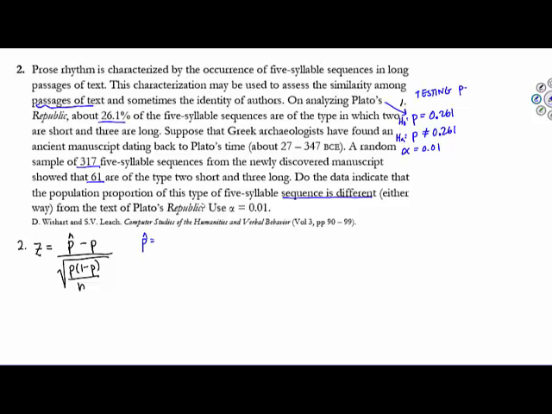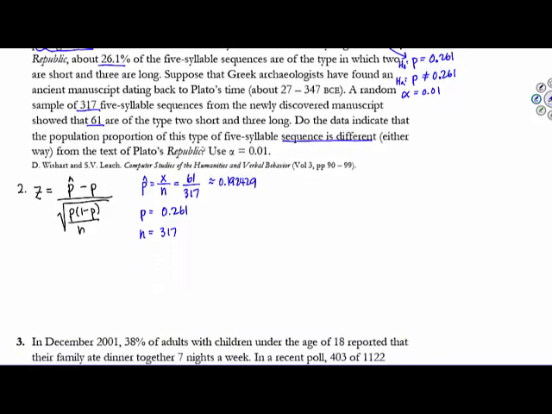P hat is the number in the sample that exhibited the characteristic divided by the sample size, and that's not given to us directly, so we'll cook it up. 61 of the 317 5-syllable sequences gives us a sample proportion of 0.192429. And p, of course, is the null hypothesis, 0.261. And sample size n is 317. So we can cook up the value of this z test statistic.